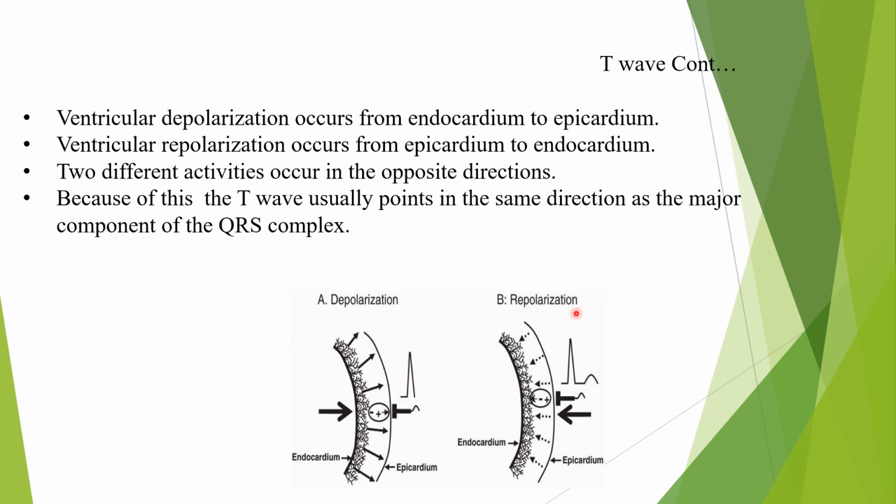And here the repolarization wave or negative wave travels away from the electrode. It records as a positive wave. As a result, both the QRS complex and T wave are recorded in the same direction.